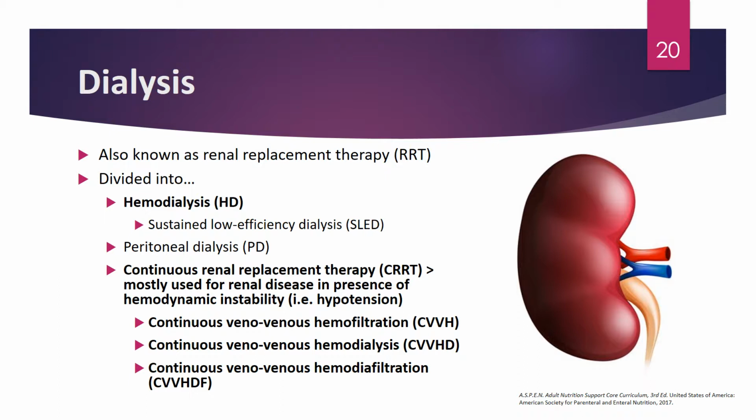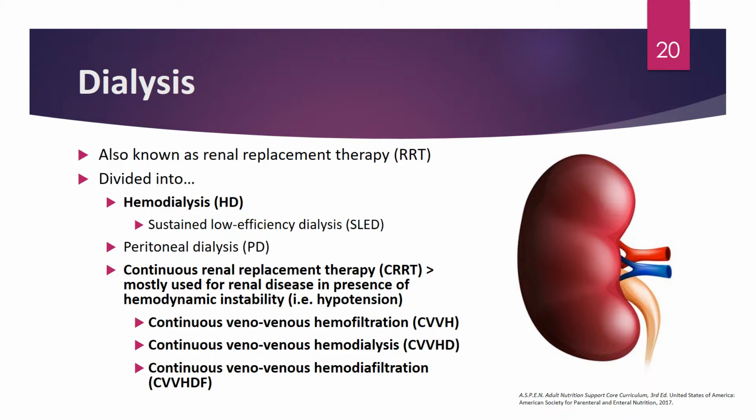The other type of dialysis that you may see is CRRT, or continuous renal replacement therapy. And the main difference in why we use it versus hemodialysis is in patients who are hemodynamically unstable. So basically, if they have hypotension.